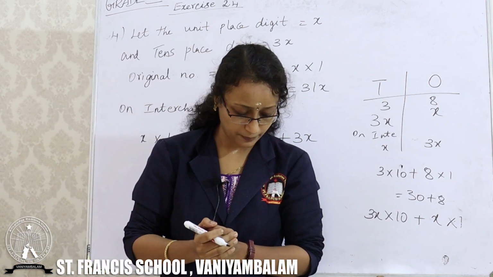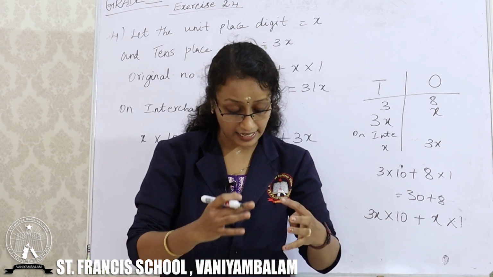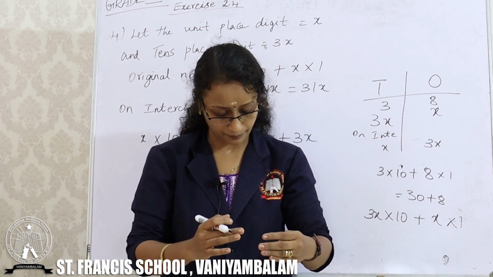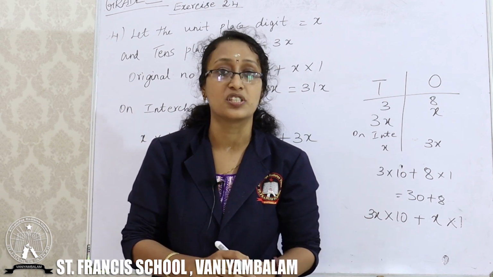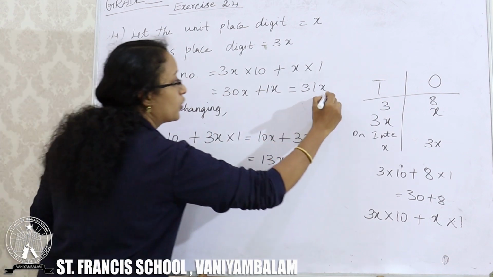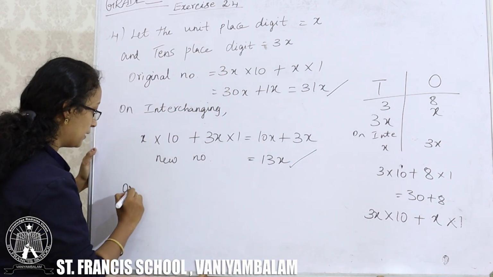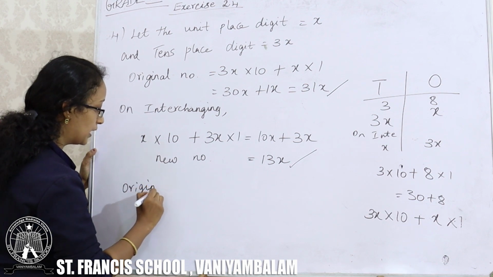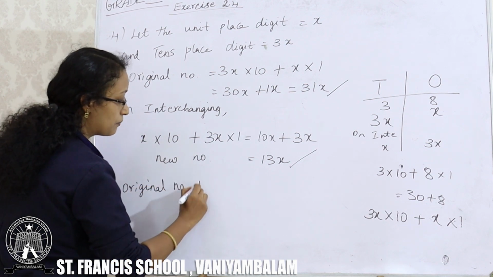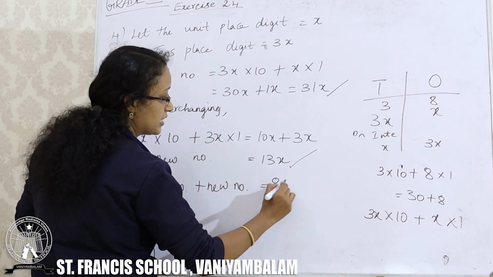On interchanging the digits of the 2-digit number and adding the resulting number to the original number, you get 88. So we are going to add the original number and the new number, and we get 88.